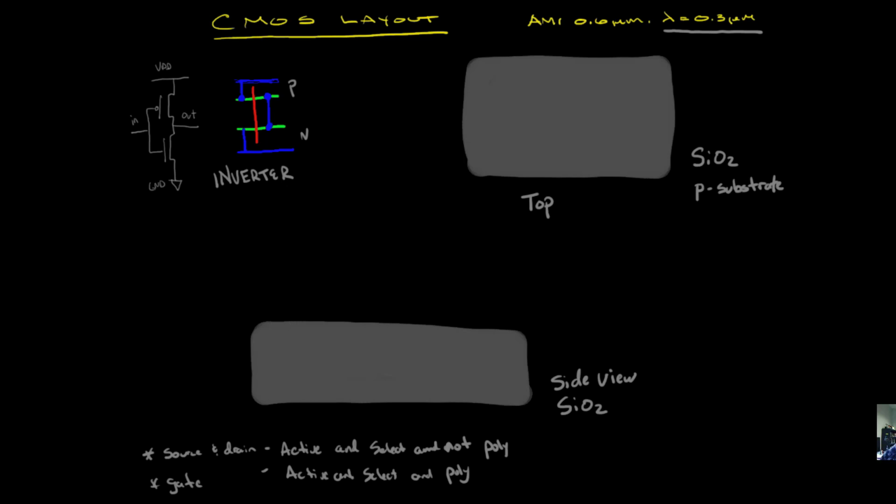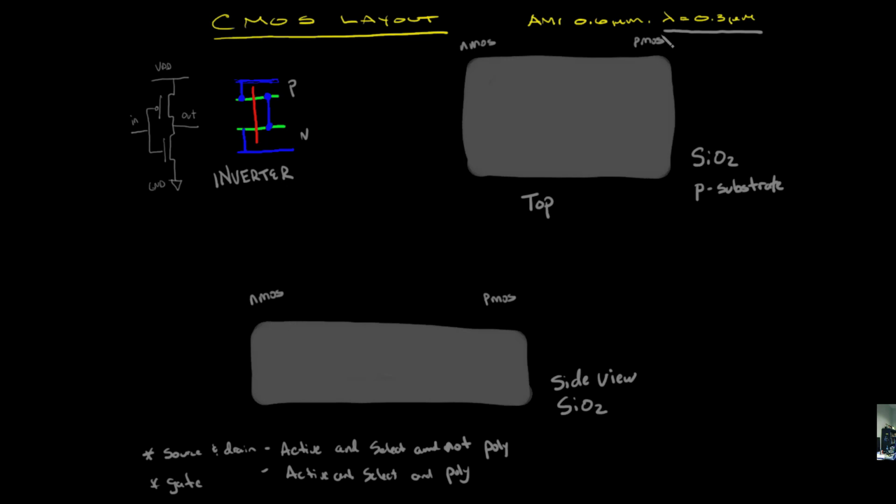So if we were to start off our inverter, let's say that we're going to have the NMOS on this side and the PMOS on this side. On our side view, that would mean NMOS and PMOS.